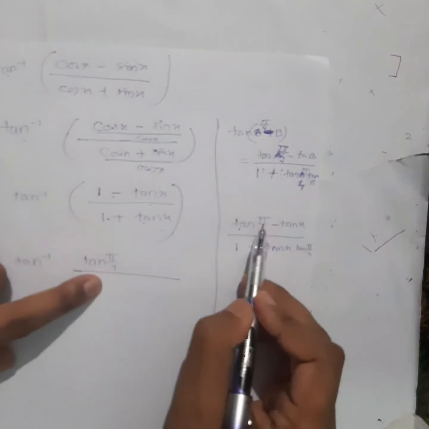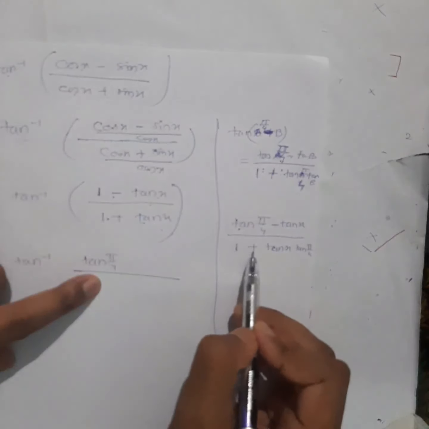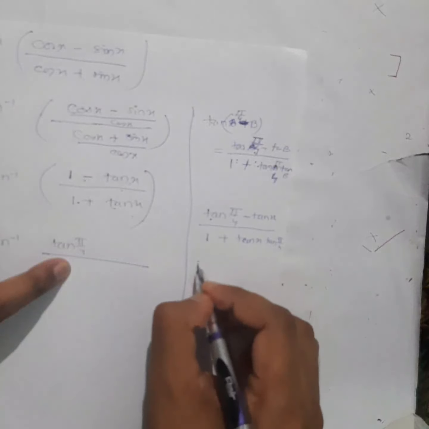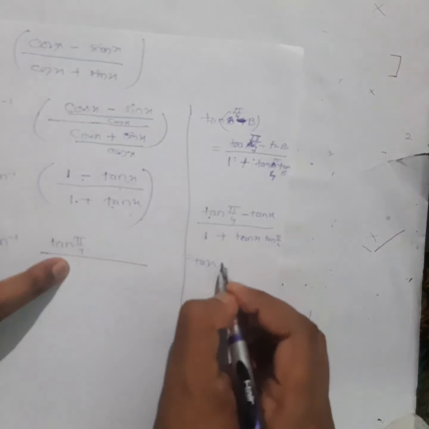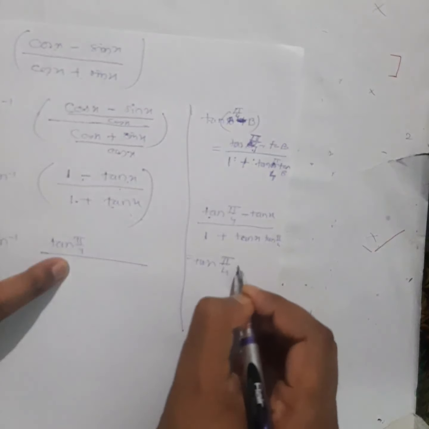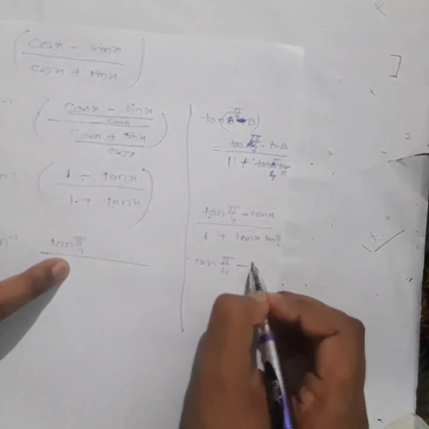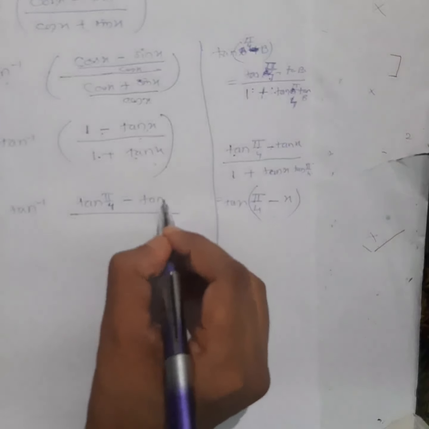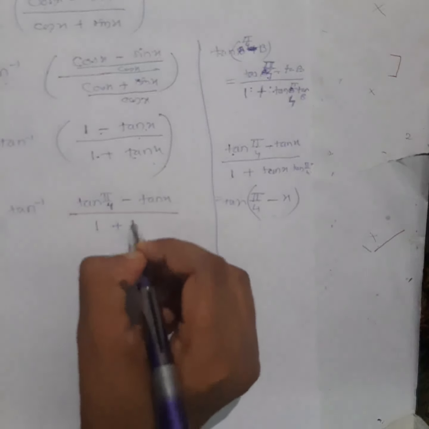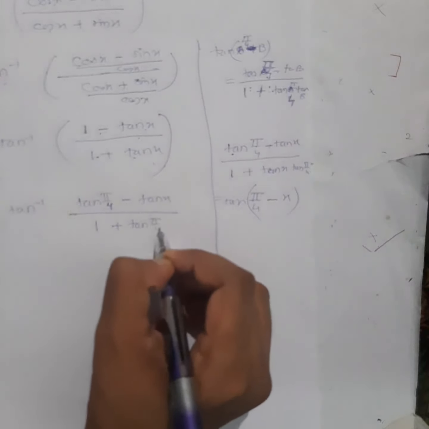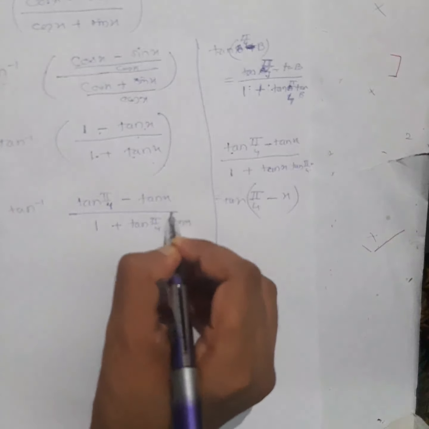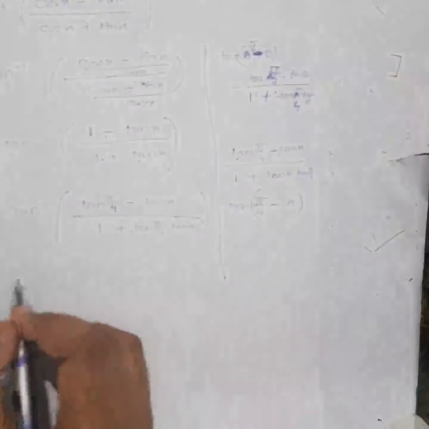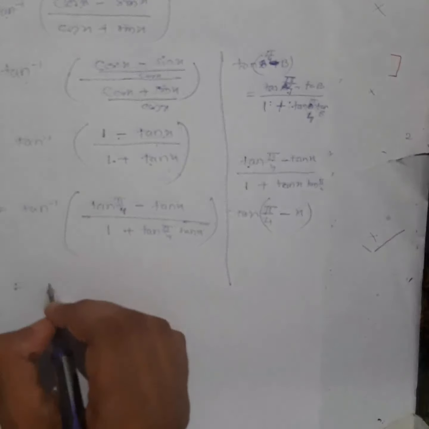It's like tan a minus tan b over 1 plus tan a tan b, where a is pi by 4 and b is x. So I'm just trying to make a tan inside, that's it.